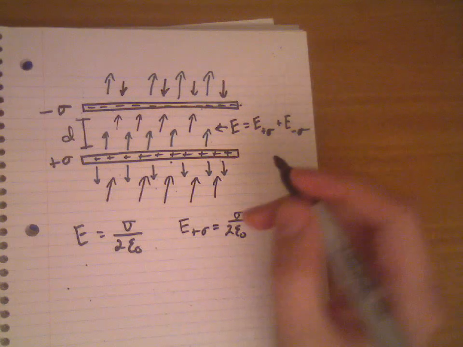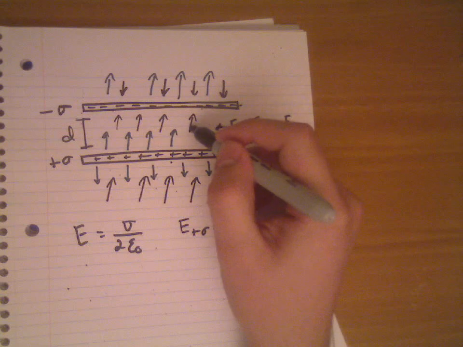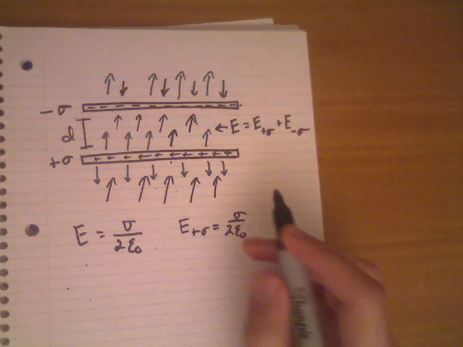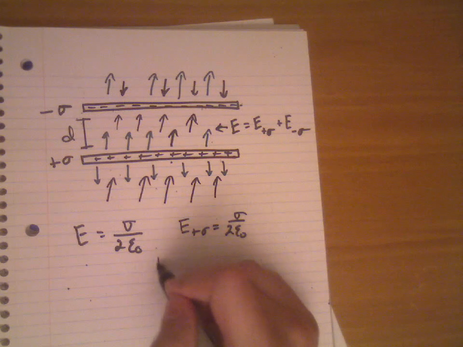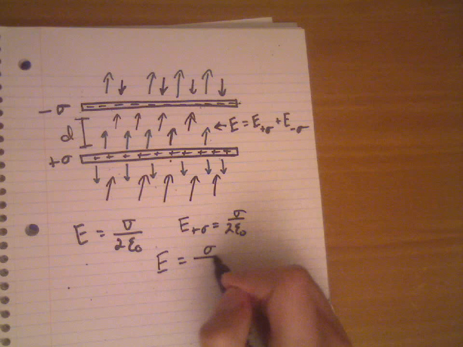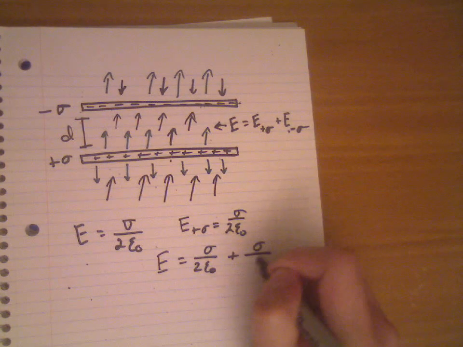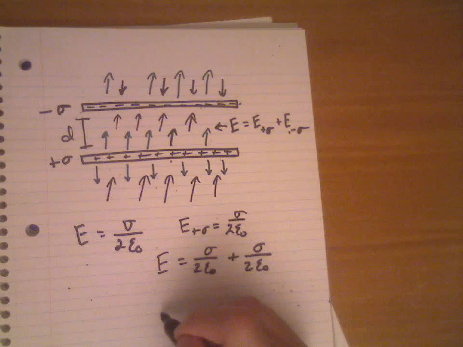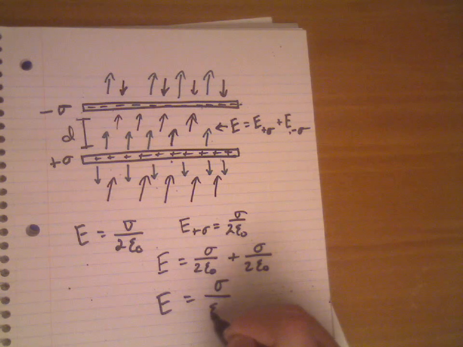So therefore, we just take the magnitudes and add them together. So in other words, when we add these two, we just take the magnitudes. So the electric field is equal to the magnitude of this, which is that, plus the magnitude of that, which is this, same exact thing. And we get that the electric field is equal to sigma over epsilon naught.